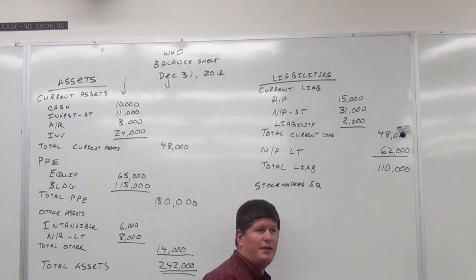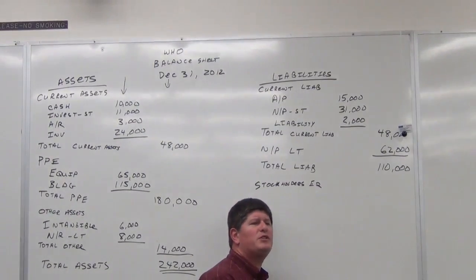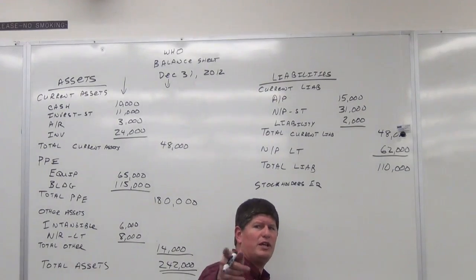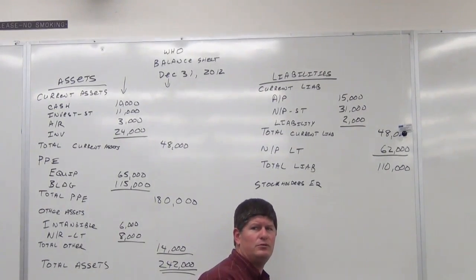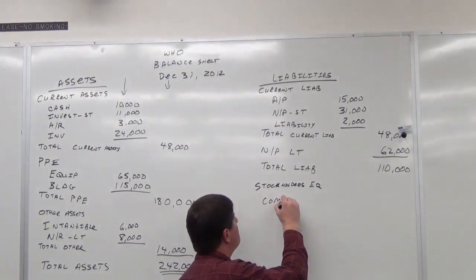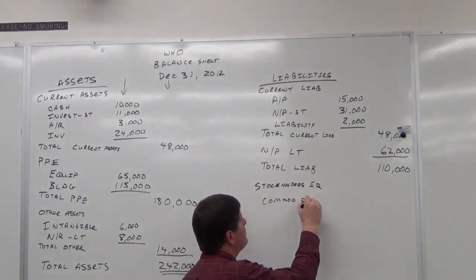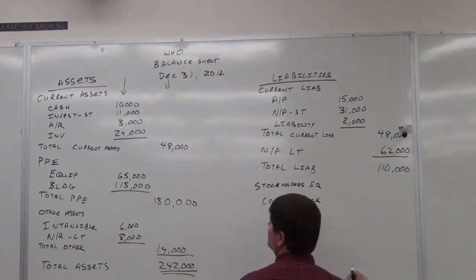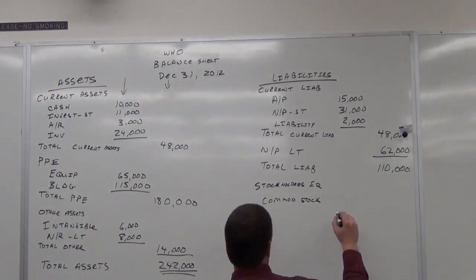Common stock is first, right? It develops into a more detailed element later on. I just want to make sure the book doesn't do it to you like version 8 doesn't do it to you now, so I don't teach you different. So we'll go with common stock. And how much common stock do we have? 91,000.